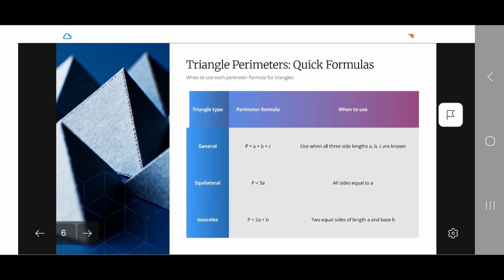Slide 6. So triangle perimeters. Quick formulas. So we're going to talk about the formulas. If you want to, you don't have to do this, but I want to encourage you on making a table.